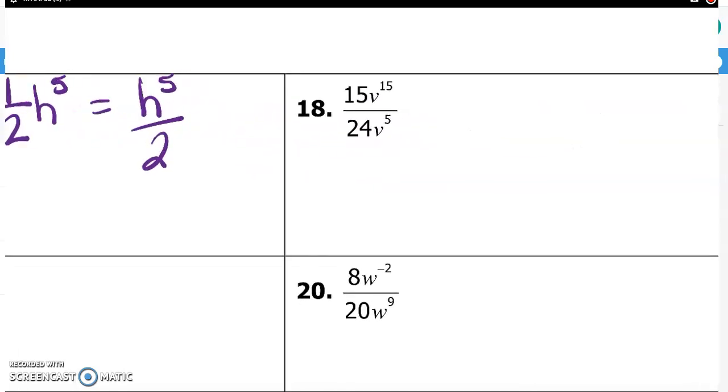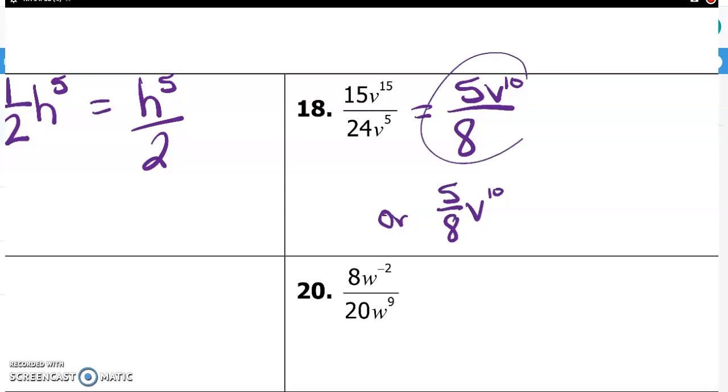Number 18, 15 over 24, that can be simplified to 5 over 8. Then v to the 10th stays on top. So 5v to the 10th over 8. If you want to write it as 5/8 v to the 10th, you technically can, but usually we want it as just one fraction.